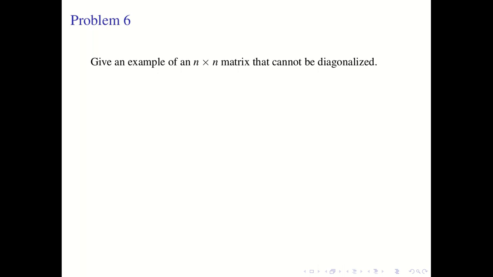So, let us look at one of these tutorial problems that we discussed a little bit earlier. We looked at this matrix A with the property that A times e1 is 0, A times e2 is e1, and A times e3 is e2.